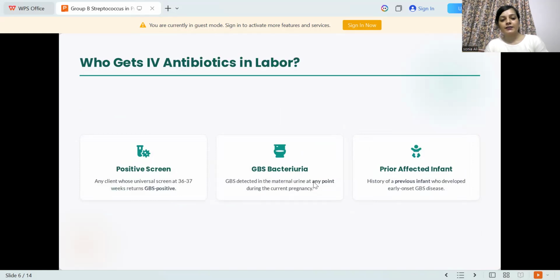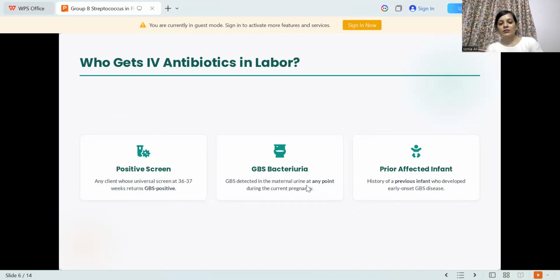Now, the next slide is who gets IV antibiotics in labor. First is a positive screening: patients identified as GBS positive at 36 to 37 weeks require IV antibiotics.